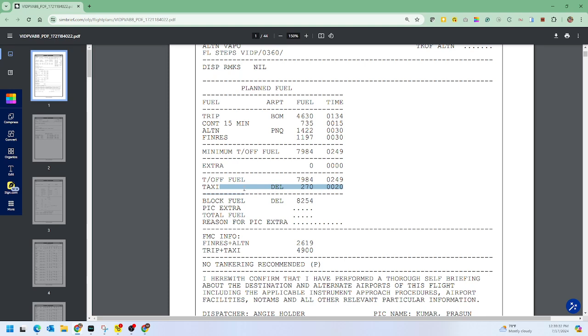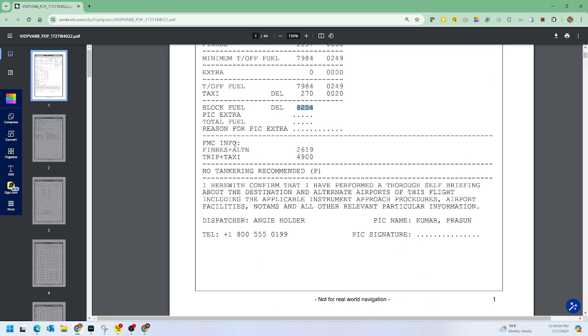To do the taxi at the Delhi station, while taxiing we will burn some fuel. That calculation is also done, and it gives us 20 minutes to do the taxi, and 270 lbs of fuel will be consumed approximately. So that has been added to our minimum takeoff fuel, and the new block fuel is 8254.